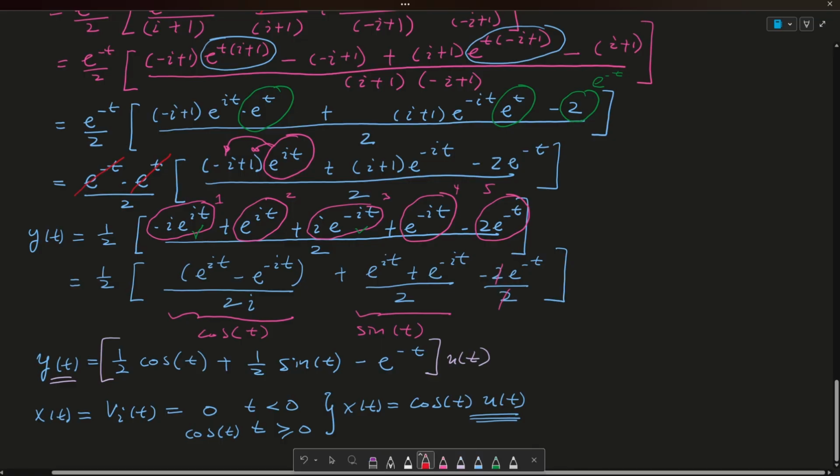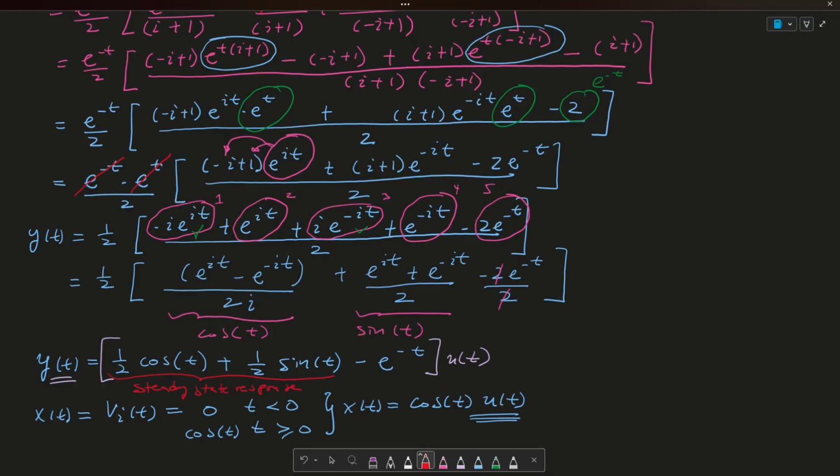All right, so I want to draw a couple conclusions. The first conclusion I want to draw is that this here is what's called the steady state response, right? And steady state is basically as my system goes all the way to infinity, how does my system respond? It steadies out in this 1/2 cosine t plus 1/2 sine t, where this here is what's called my transient response.